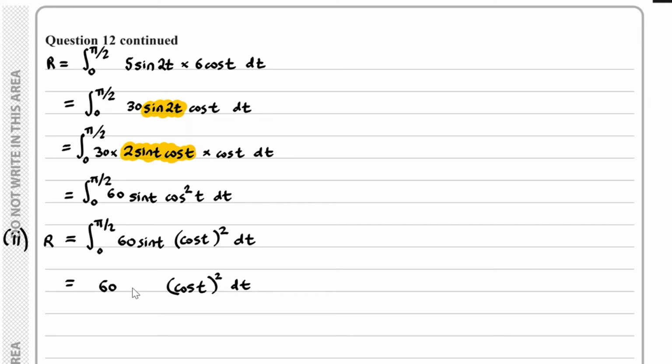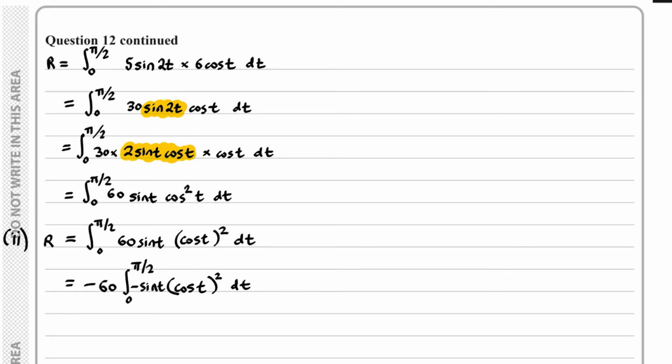Differentiating this, we get minus sine t. So we wish to integrate this between 0 and pi over 2. And because we have a positive 60 here, we have to have a minus 60 here, because the minus and the minus give a plus.